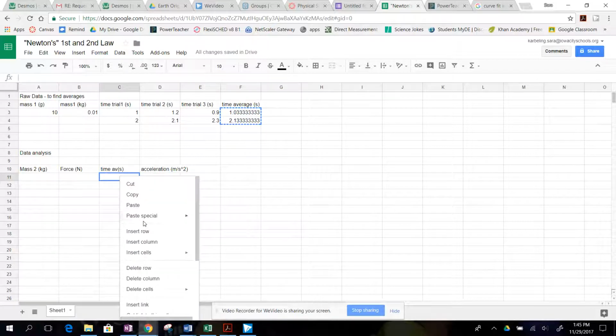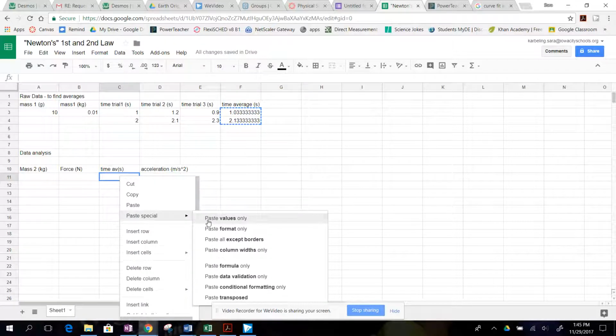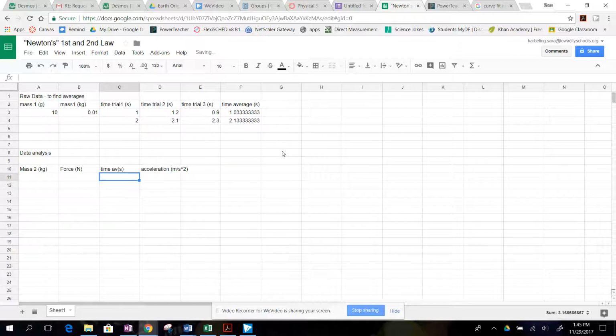Copy. Paste special. Paste values only. Ha-ha! That's sweet. Okay, let me show you what I just did. So you want to have either mass 1, number of blocks, time and acceleration, or mass 2, force, time and acceleration. So far, so good?